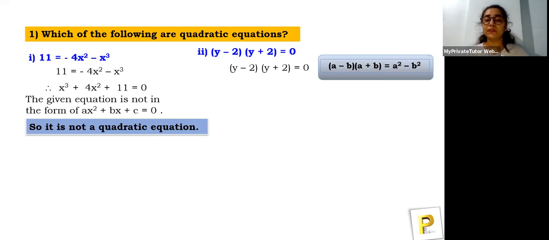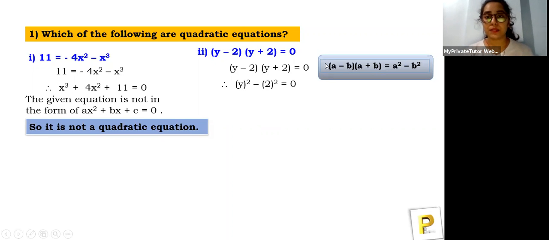Now if you observe this question, it is like y minus 2 and y plus 2, so it's like a minus b and a plus b. So the algebraic identity, that is a square minus b square. So we can write y minus 2 and y plus 2 as y square minus 2 square is equal to 0 as well.